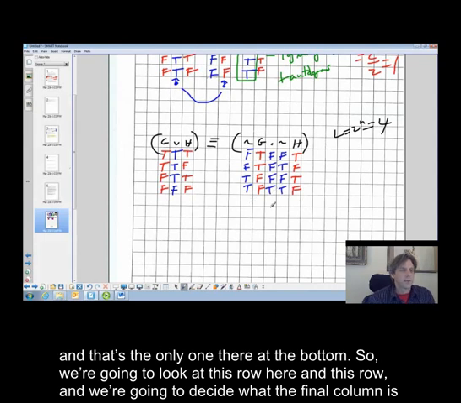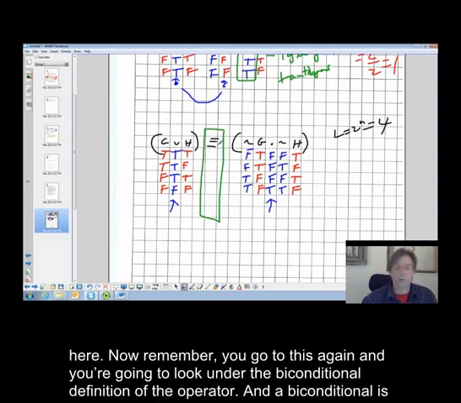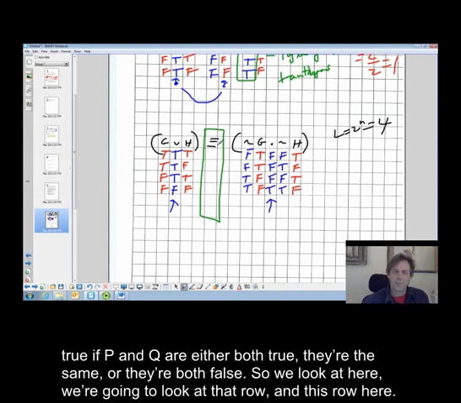So we're going to look at this row here and this row, and we're going to decide what the final column is here. Now remember, you'll go to the definition of the biconditional operator, and a biconditional is true if P and Q are either both true, they're the same, or they're both false, right?